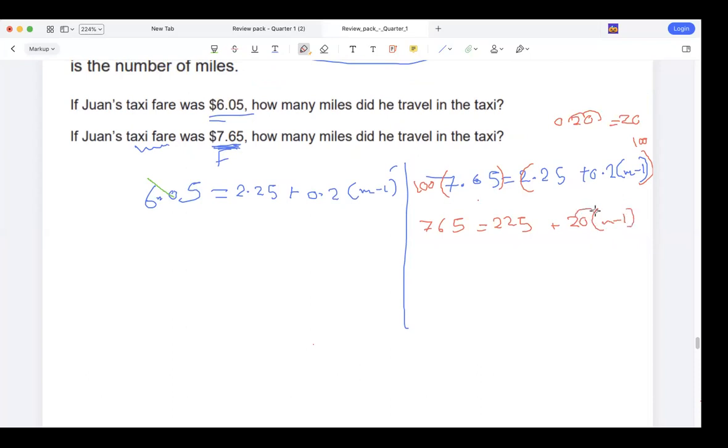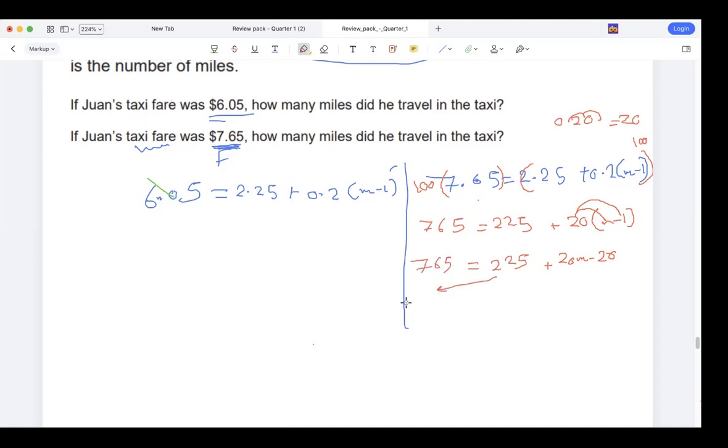Distribute yourself: 20 with m, 20 with negative 1. 20 times m equals 20m. Excellent. Minus 20 times 1, negative 20. Very good. What do you still have? 225. 225 equals 765. Good job.